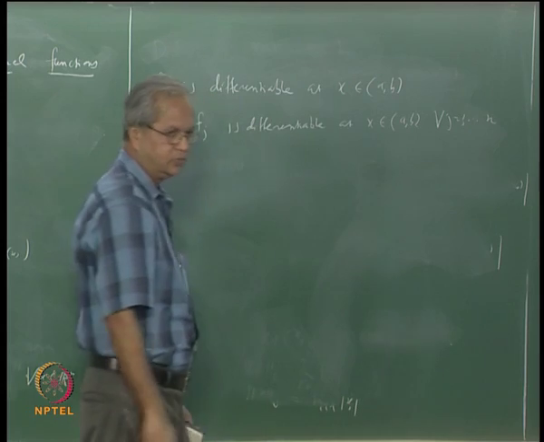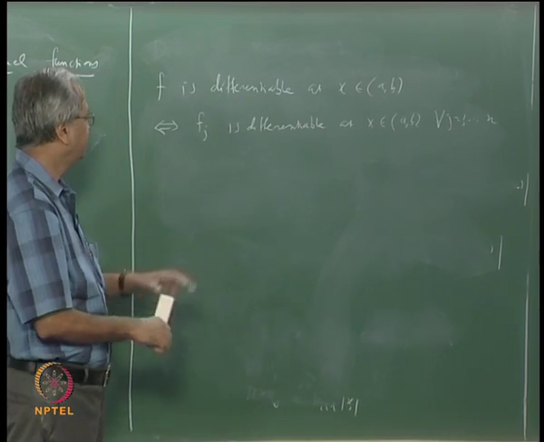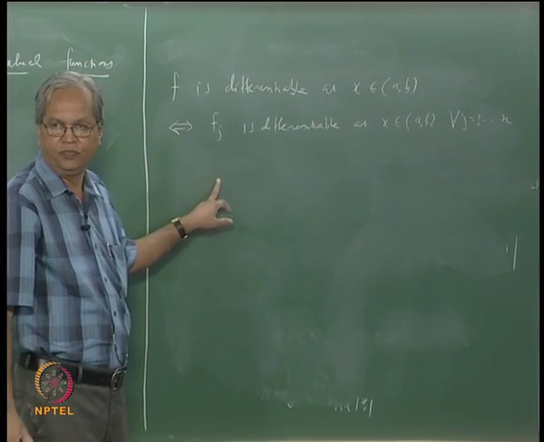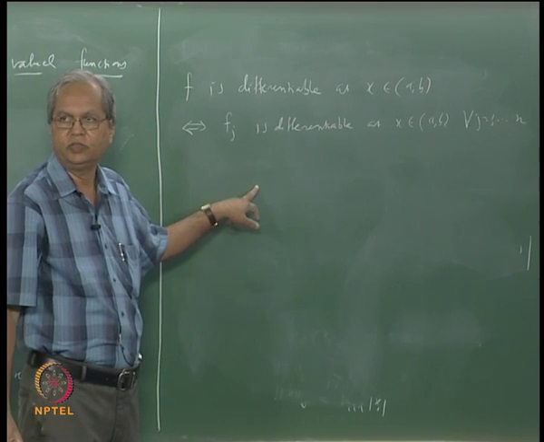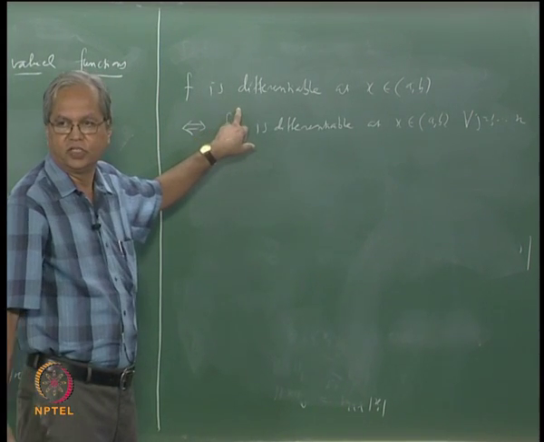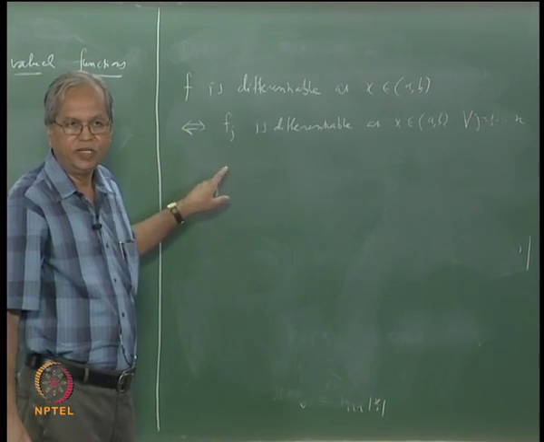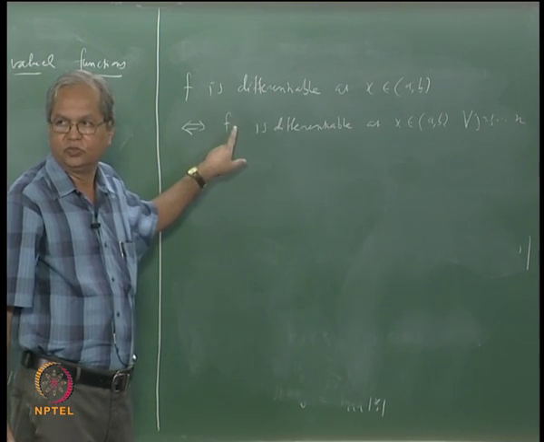That is, if f is differentiable, then f1, f2, ..., fn are differentiable, and if f1, f2, ..., fn are differentiable, then f is differentiable. Not only that, we can say something about the value of the derivative.